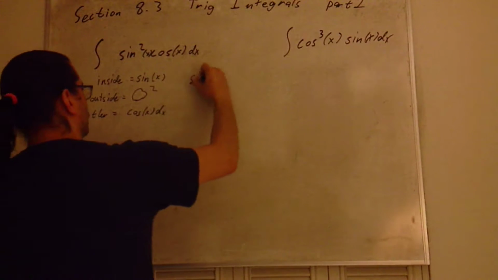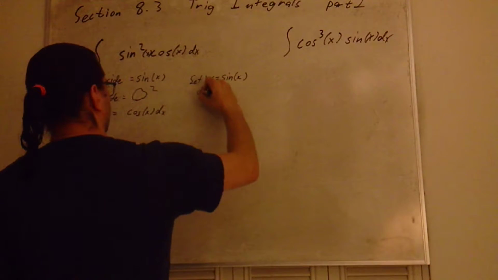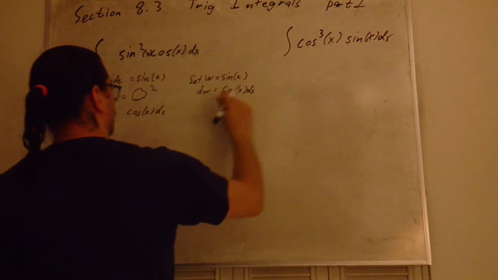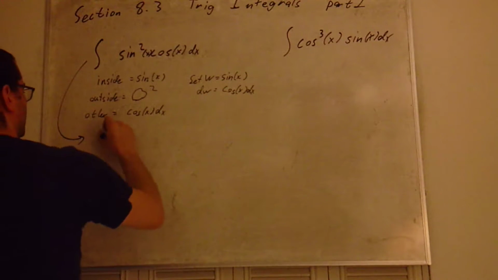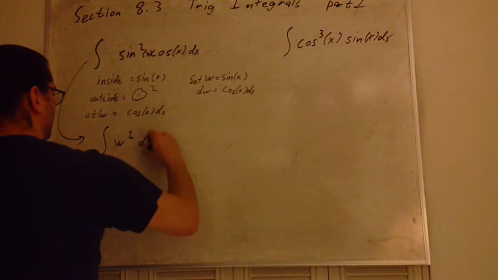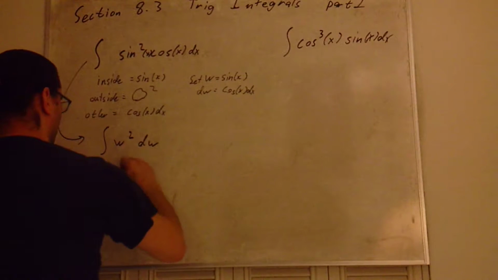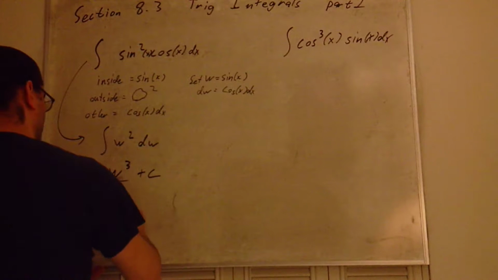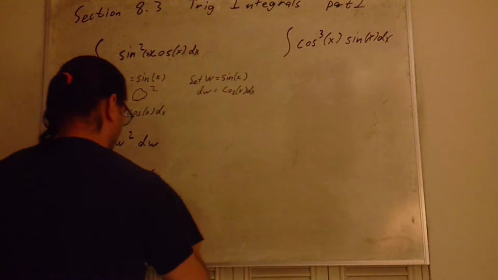So we'll set w equal to the sine of x, and then dw will be cosine x dx, which matches this perfectly. So we can rewrite this as the integral of w squared dw, and then that's just w cubed over 3 plus c.